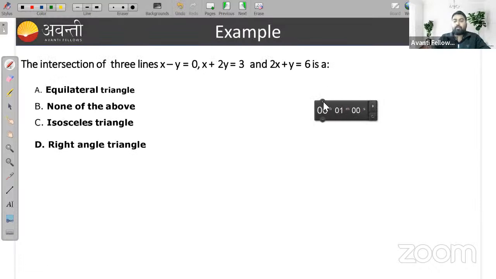For this question you have 1 minute. Just a minute. Your time starts now. You can start. Who is getting the answer? Please respond in the chat box. What is the answer you are getting?